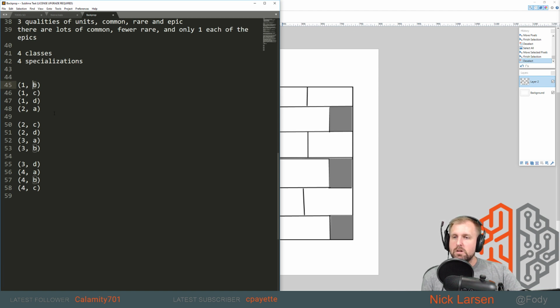Specializations have to show up on opposite sides. Okay. Let's bring these back. So we're going to say that 1 and 2 belong to the left brain. 3 and 4 belong to the right brain.